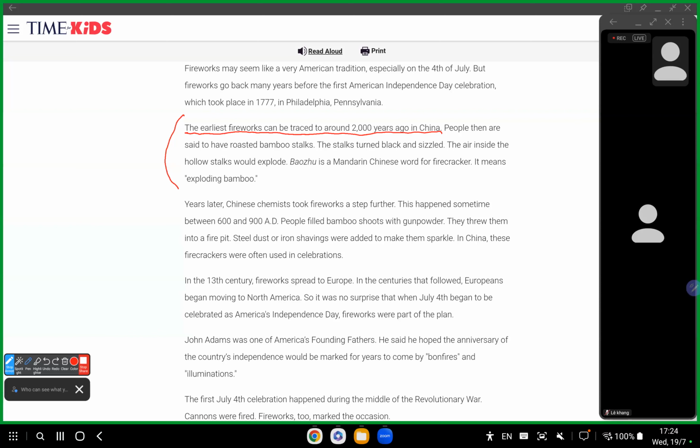The stalks turned black and sizzled. The air inside the hollow stalks would explode. So this whole paragraph really is evidence. They're telling us the history of the fireworks. They're just mentioning everything about the fireworks. So pretty much this whole paragraph is evidence.